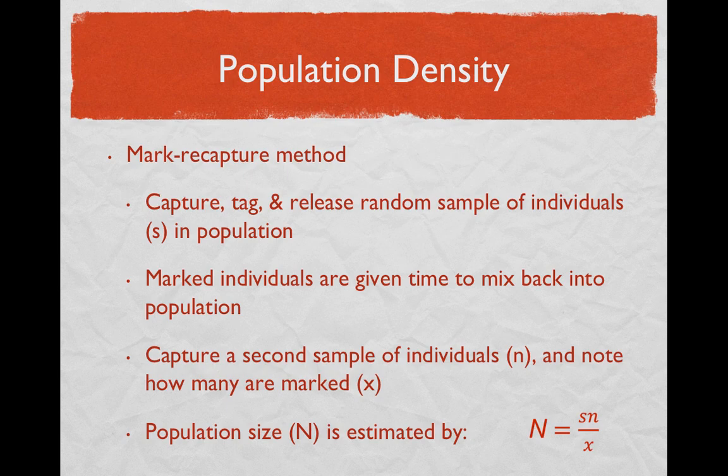So we can utilize the formula where we denote S being the number of that original sample, N being the number of new samples that we see, over X, which is how many we got in that second sample that had already been marked. All right, and that simplistic mathematical formula there down in the corner gives us an idea, an estimate for our population size.